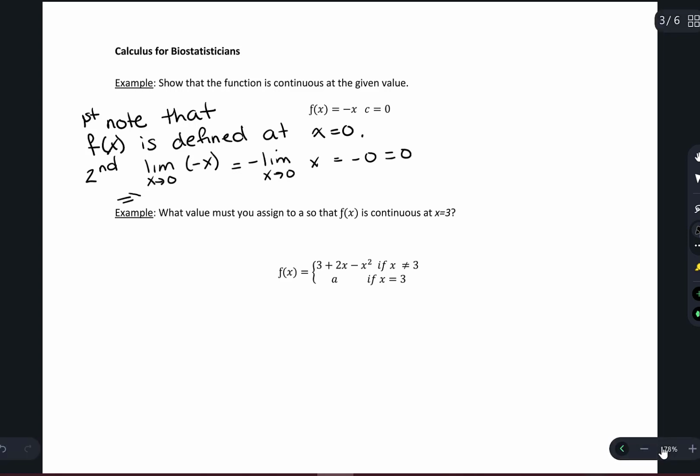And then finally, f of 0, that's our f of x evaluated at x equal to 0. If I plug 0 into this function, that's going to be equal to negative 0, which is equal to 0. And that's equal to the limit as x approaches 0 of f of x. So in other words, the limit as x approaches 0 is equal to the function evaluated at 0.